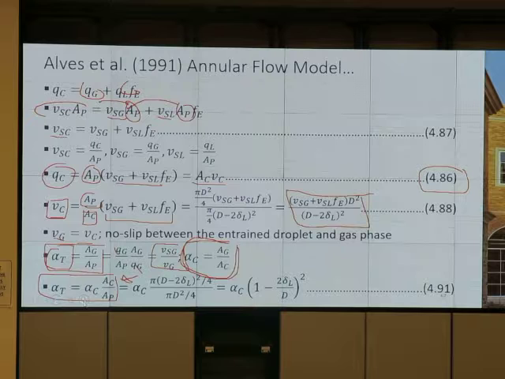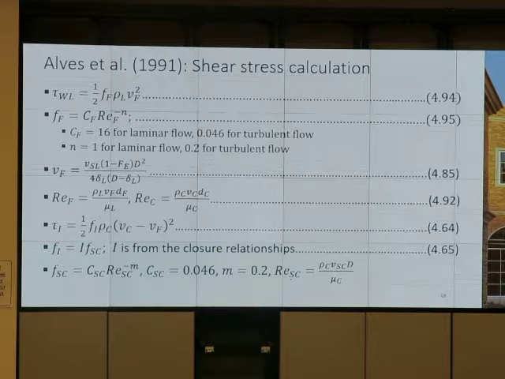So this means if you know core void fraction, you know the area, you can convert to each other. Do the math, we get this in terms of delta. Okay. So the next step is to make all the shear stress terms in terms of thickness or delta.